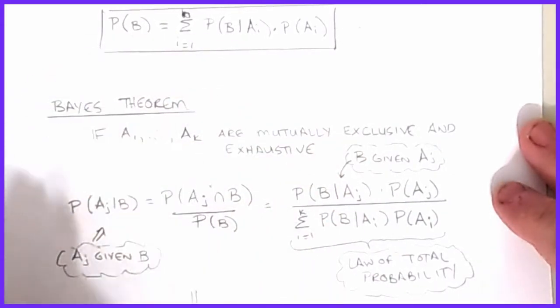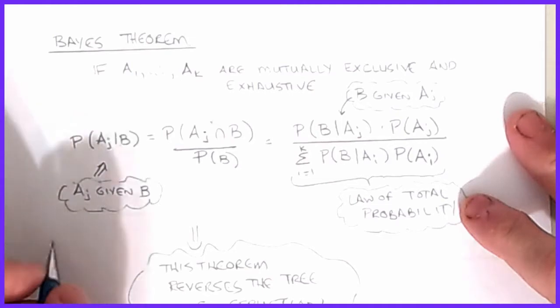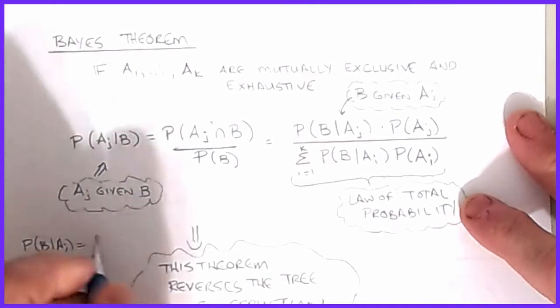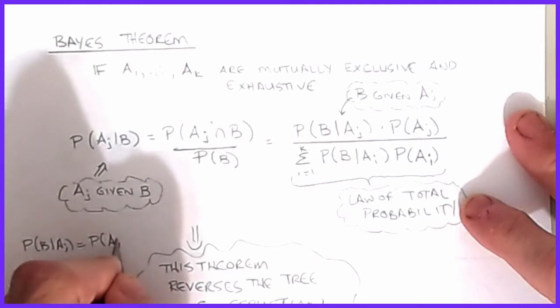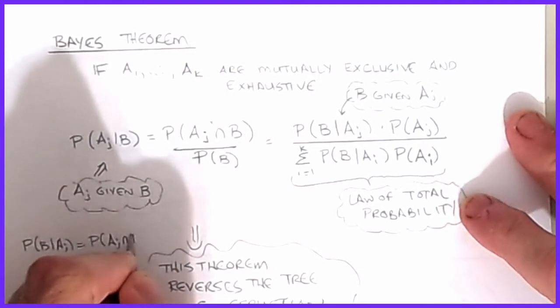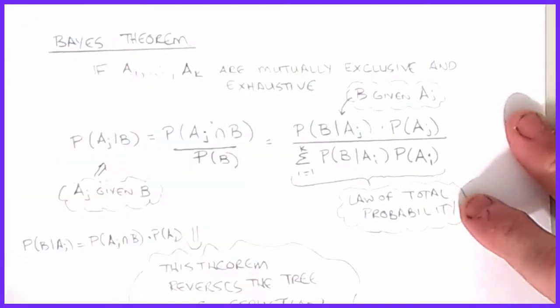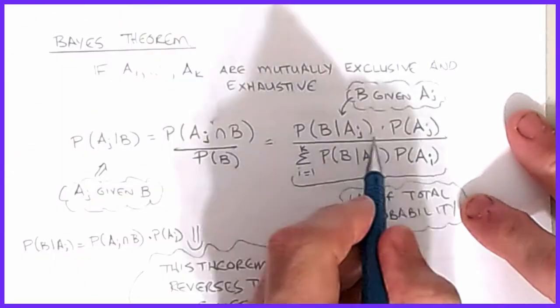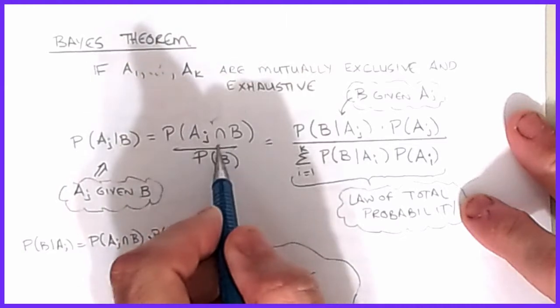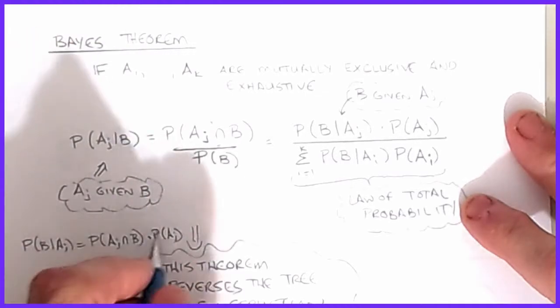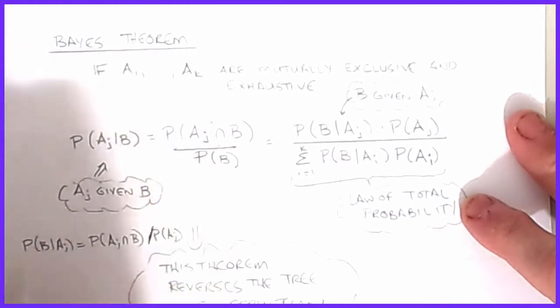The probability of B given AJ is equal to the probability of AJ intersect B, multiplied by the probability of AJ. That's the term that shows up on the top of this. So all we did is rewrite this intersection because it was the same in both of the probability formulas. And I misspoke. That should be not times, that should be divided by.